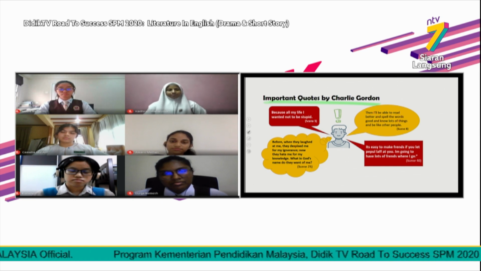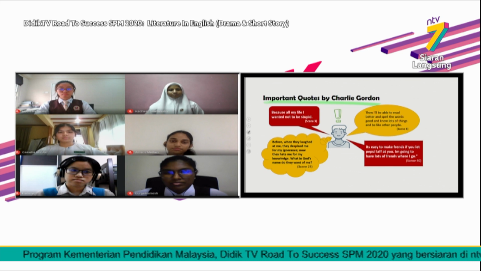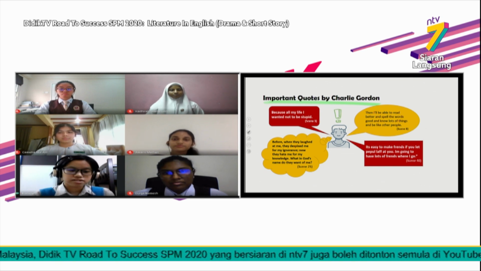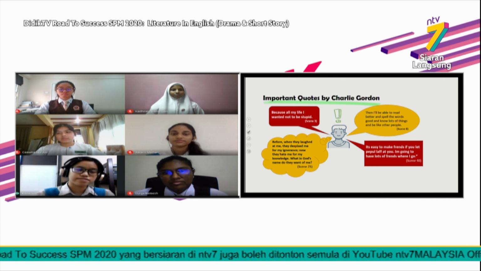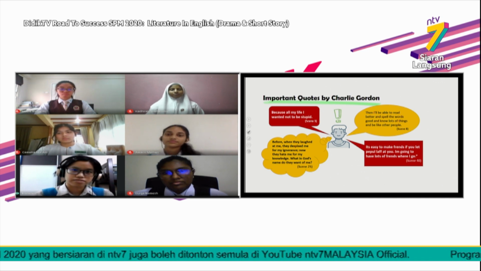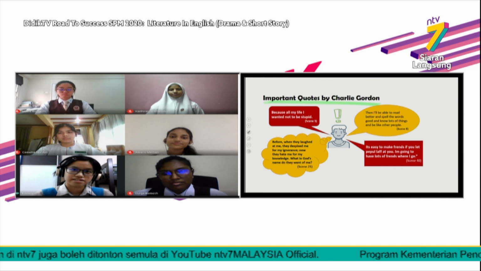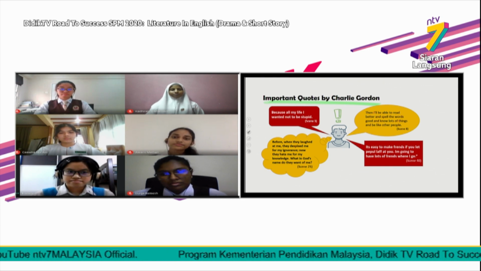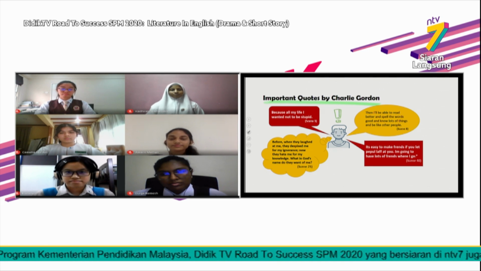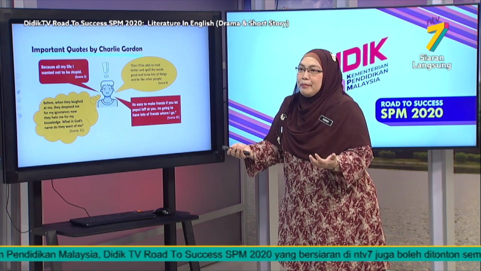I wonder, Isabel, can you remember what the scene 25 was about? Scene 25 was about Charlie receiving a petition to be fired from his job at the factory he worked at. Very good, very good. And so he realized becoming smarter did not make his life dreams come true.